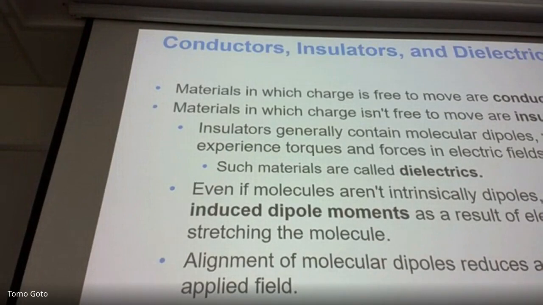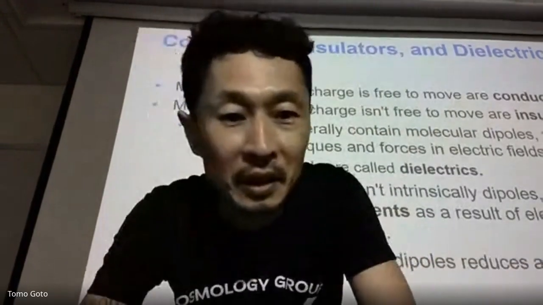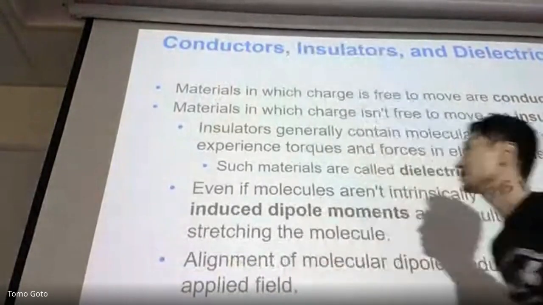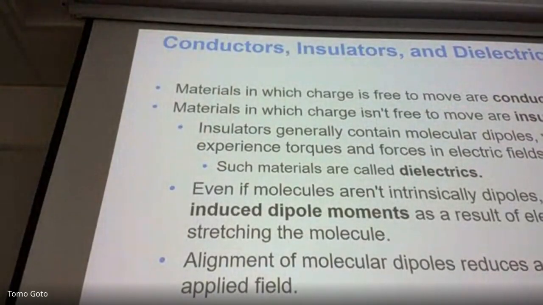Okay. Then conductors. Getting interesting. How many pages do I have? Maybe I cannot finish. Oh, okay, this is the last page. Conductors: materials in which charge is free to move are conductors. Something like metals are conductors, right? In this case, these negative electrons can move within a metal.